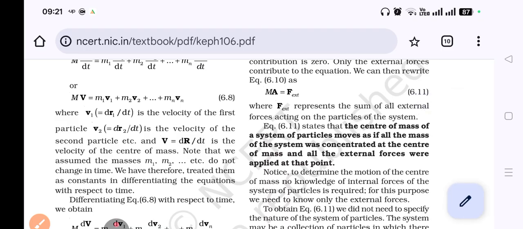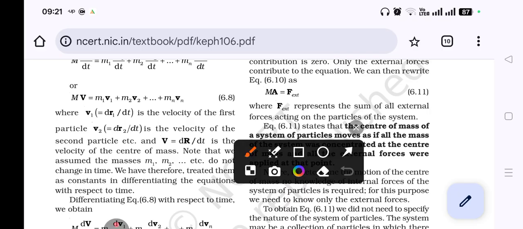They are just telling us that we can consider the whole body, or we can consider the center of mass. If force is exerted on the whole body, the whole body will move with an acceleration. If the same force is applied to the center of mass, considering there is a point mass at the center of mass, then the acceleration of the center of mass will be the acceleration of the whole body.